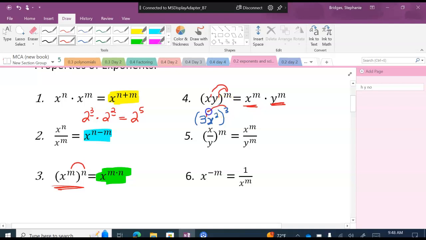So this exponent on the outside gets multiplied. That gives me 3 to the 3rd. And then that one gets multiplied, and it gives me x to the 6th. A lot of people forget that they're supposed to square or cube or whatever the exponent is on the outside, the numerical part of that as well. And then I wouldn't leave it as 3 to the 3rd. I would actually write it as 27x to the 6th. So be careful with problems like that. If you have a number times some variables inside of parentheses, and you have an exponent on the outside, make sure every piece of that gets your exponent.